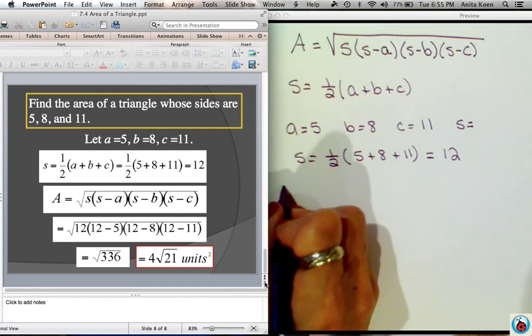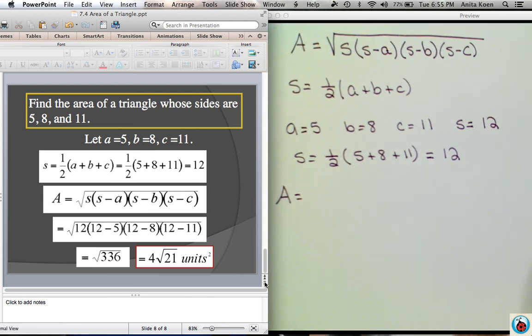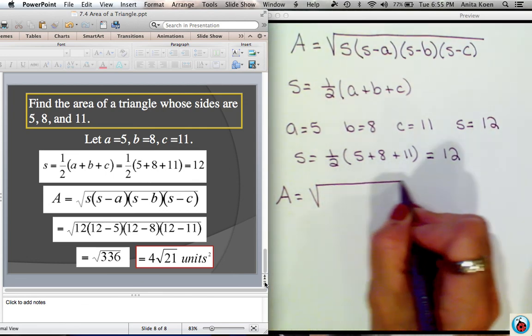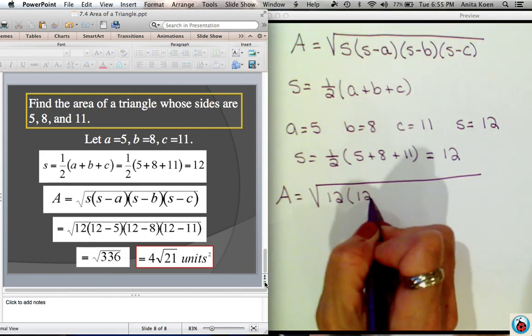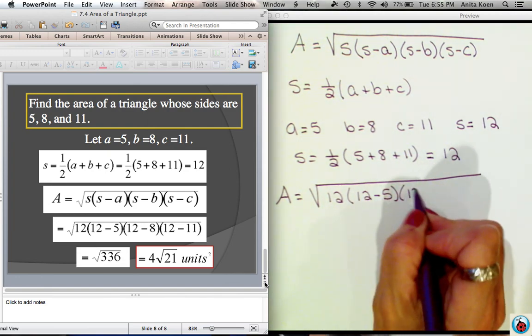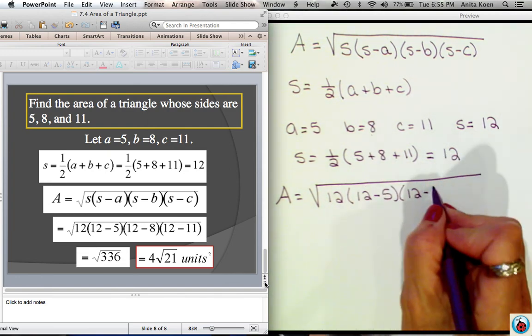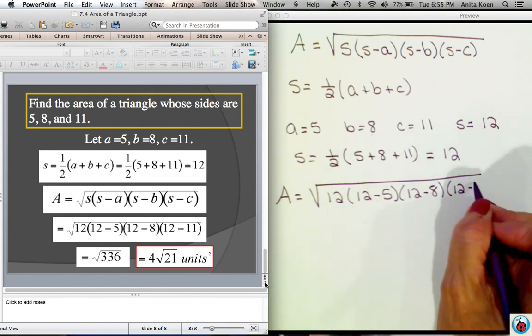That's our s. Now we're going to substitute in the things that we know into Heron's formula. The square root of s, which is 12, times s minus a, which is 5, times s minus b, which is 8, times s minus c, which is 11.